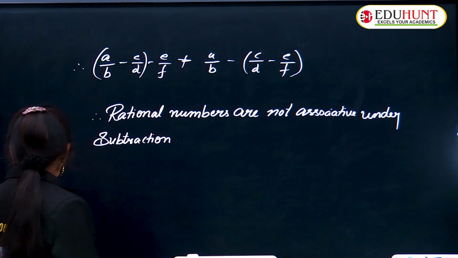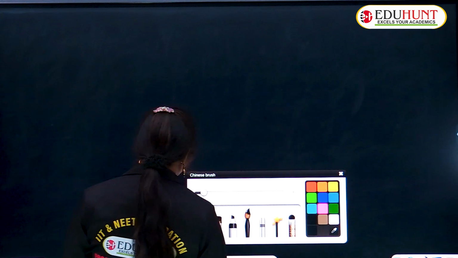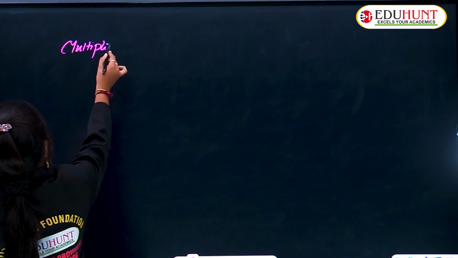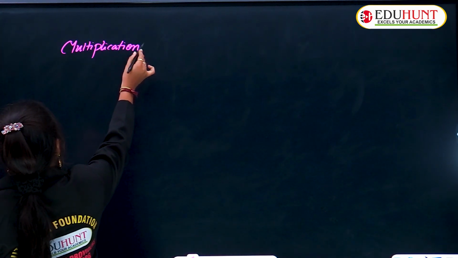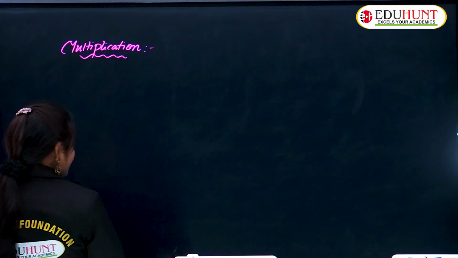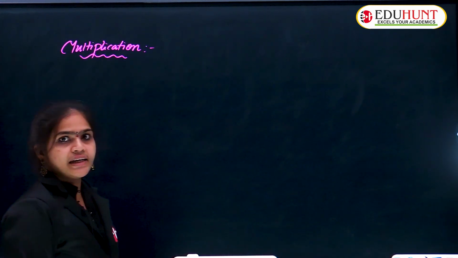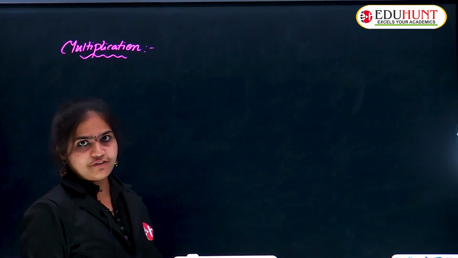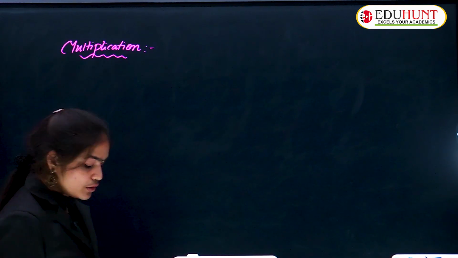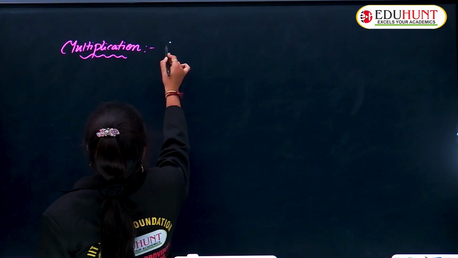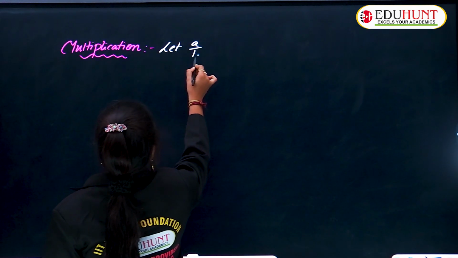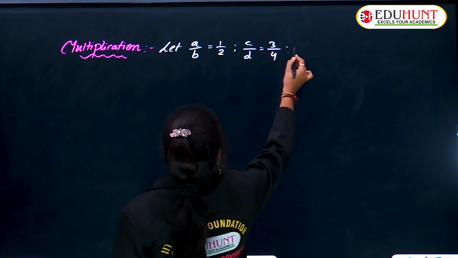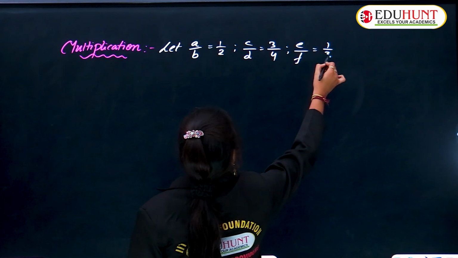Okay. The next fundamental operation is multiplication. What is the statement for multiplication? A by B into C by D into E by F. Again we have to change the grouping. Let A by B equal 1 by 2, C by D equal 3 by 4, and E by F equal 1 by 3.